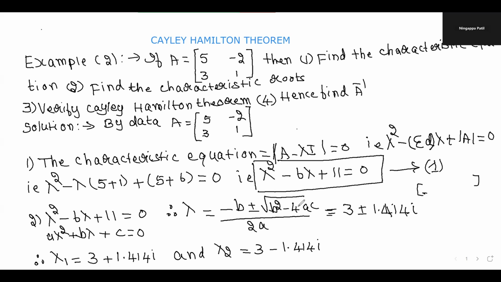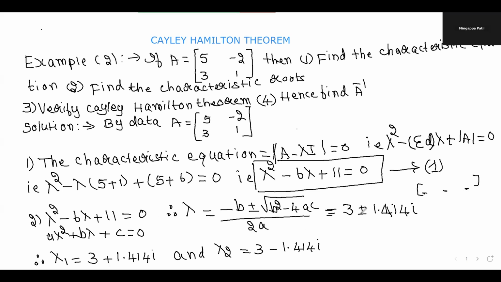Then you have to enter the coefficient of lambda square, 1, and equal to button. Now the cursor comes here. Then the coefficient of lambda, minus 6, and equal to button. Then the cursor comes here. Then the constant term C, 11, equal to button. And again press the equal to button.